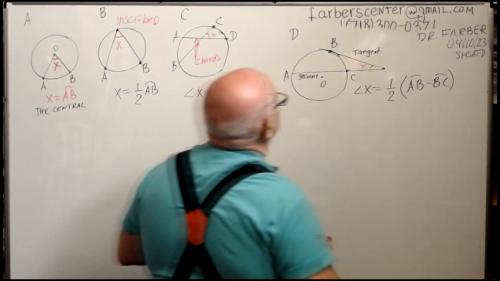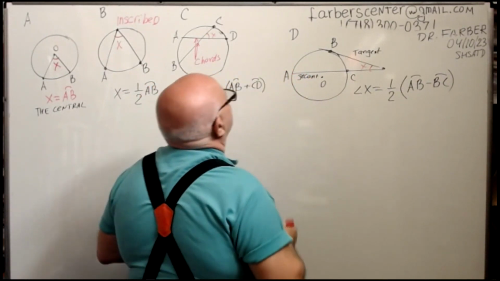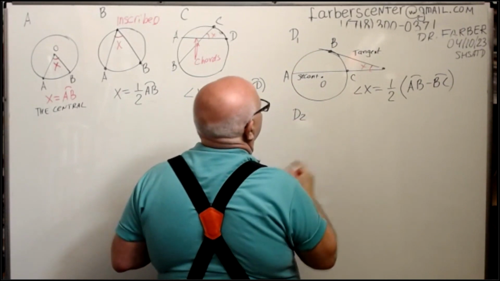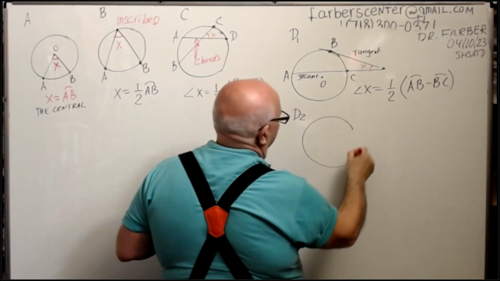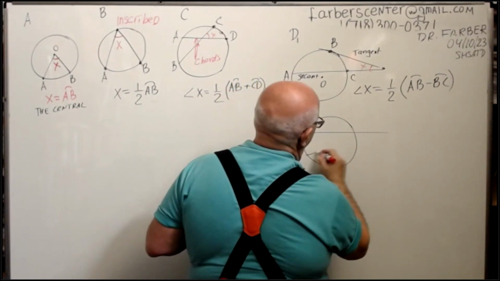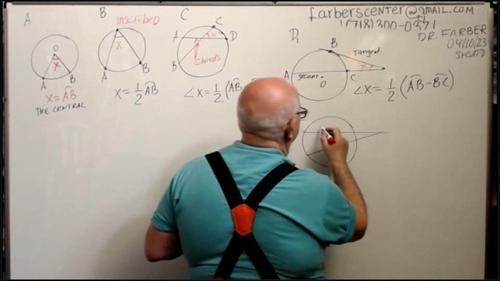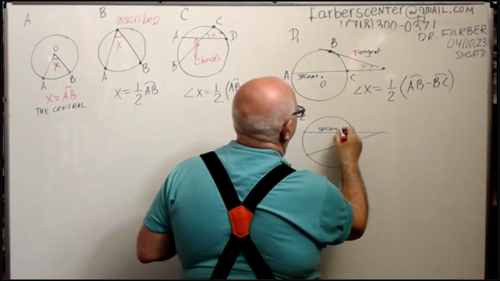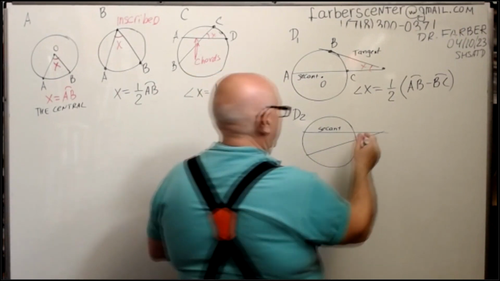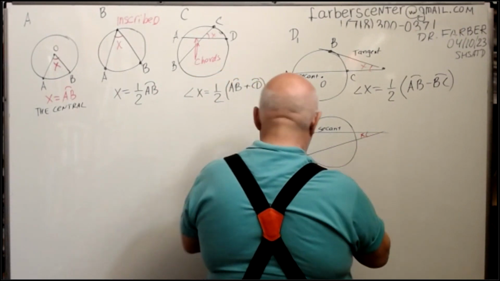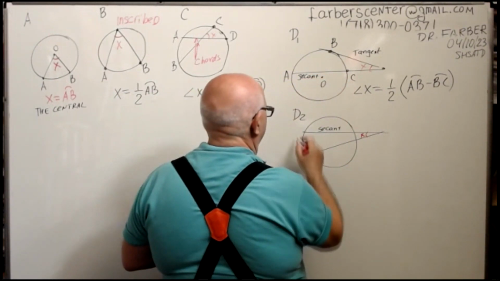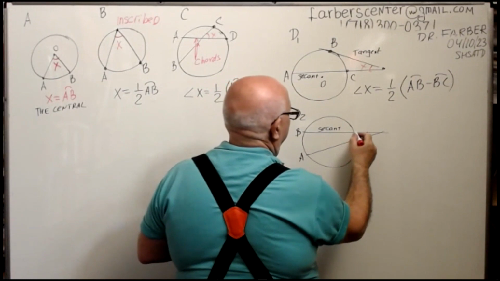We have a few cases. This is D1, D2. In D2, we have a circle, and we have two secants. This is a secant, as well as this one. And we have this angle X. And we have the same situation, arcs AB and CD.